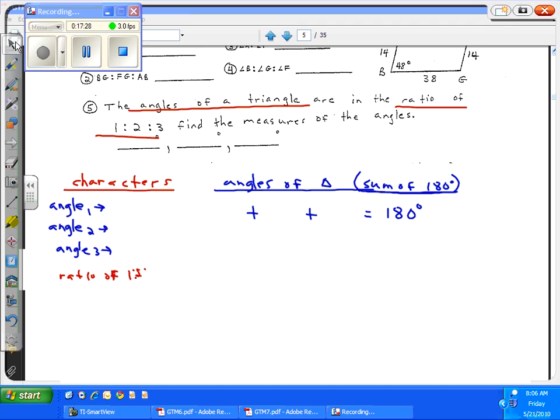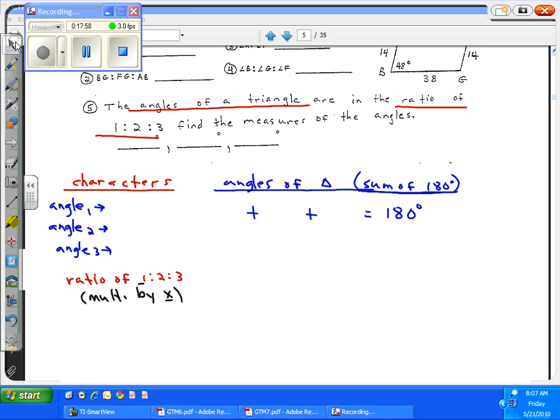So that means I'm going to use that special rule to assign my variables to my characters, and I will be able to give them all the same name x, because we know to assign variables to things in a ratio, you multiply each member of the ratio by x and have only one name.